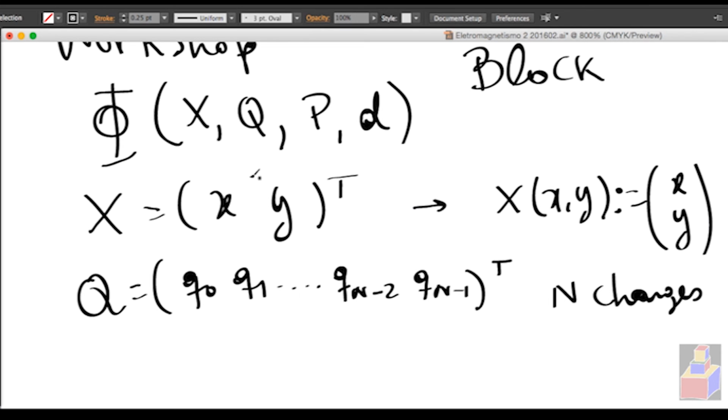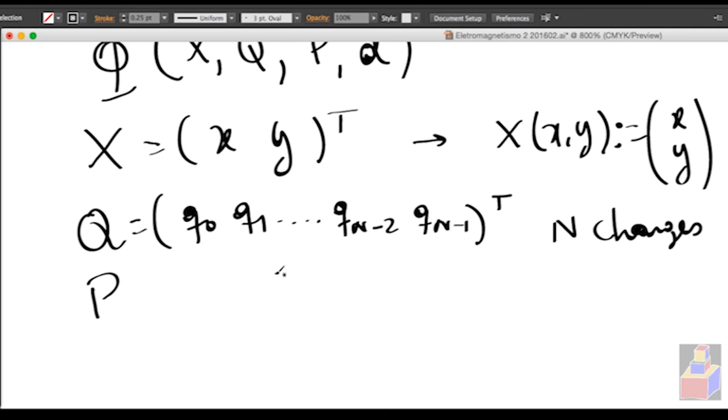The program block has to be capable of inferring how many charges are in the system by looking at the dimension of Q. So you input the charge to the block and it will say, what's the dimension of Q? It's this, okay, there are so many charges in the system. Okay? That's the second argument. P is a matrix that has the coordinates of the charges.